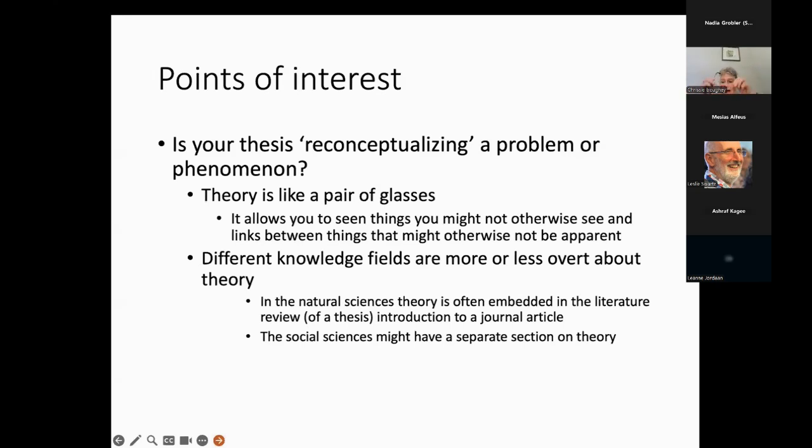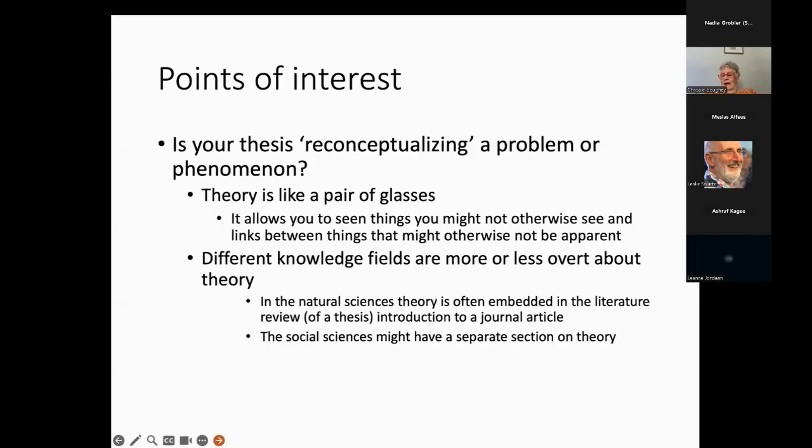Without my glasses, I couldn't spot a spelling mistake on the screen because I can't read. But I put the glasses on and I can see clearly every single word. The other thing a theory will allow you to do is to see links between things that might otherwise not be apparent.